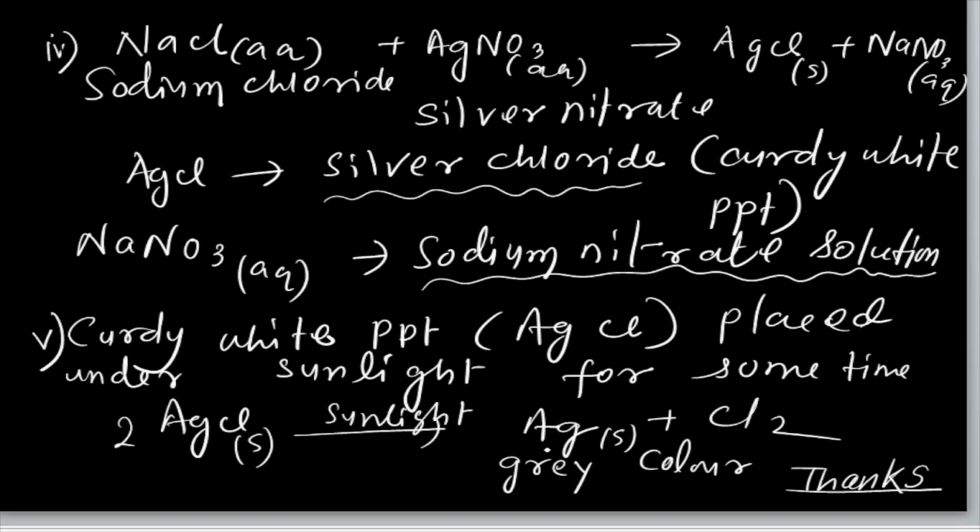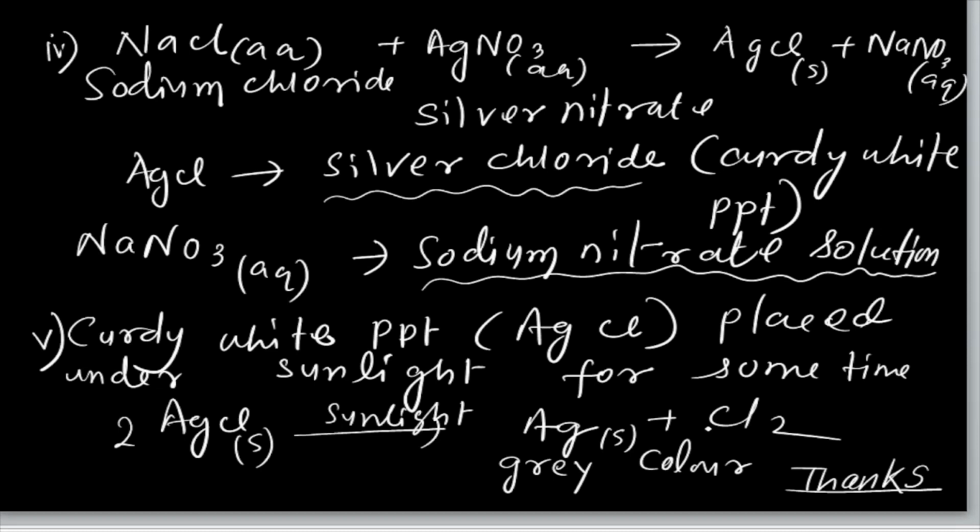Silver is grey in color, and chlorine. Actually silver has a shining mirror appearance, but since you place it in sunlight for some time, it changes to grey, which is the color of silver in sunlight, because it is oxidized.